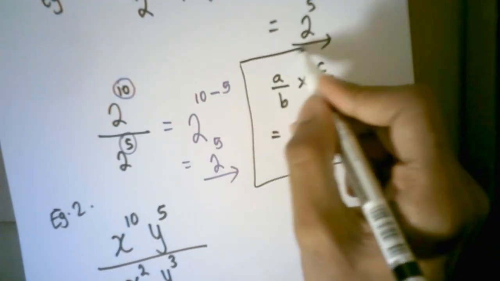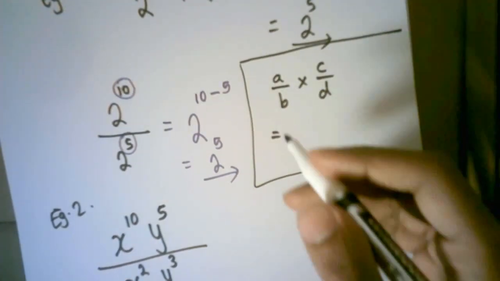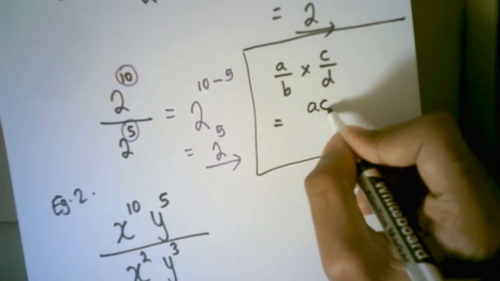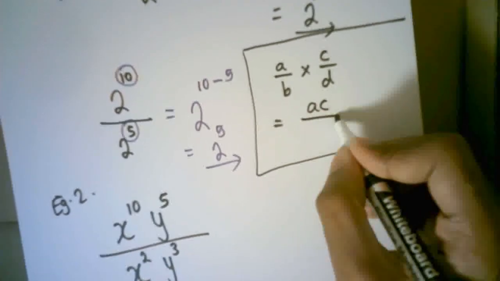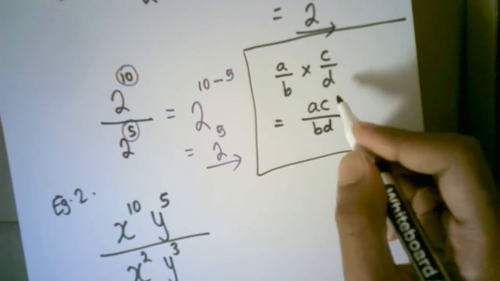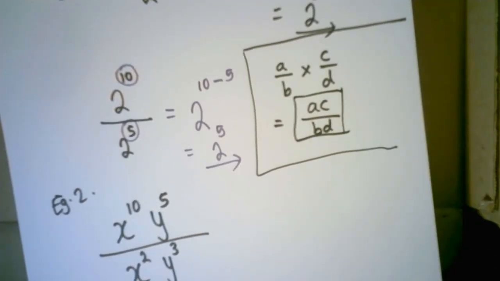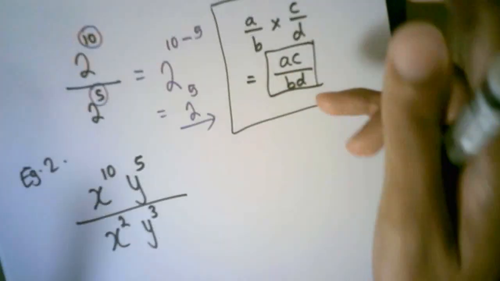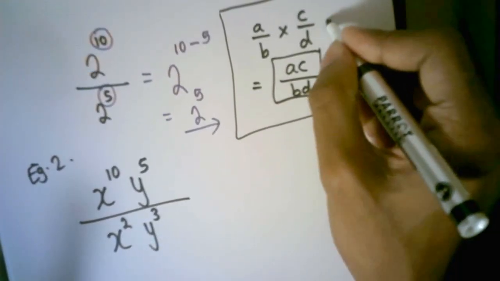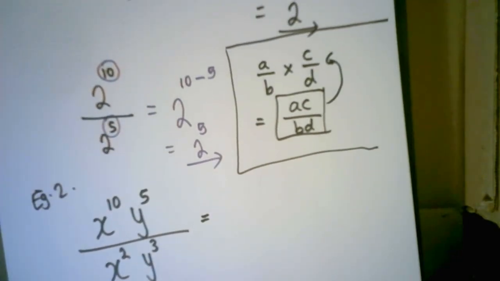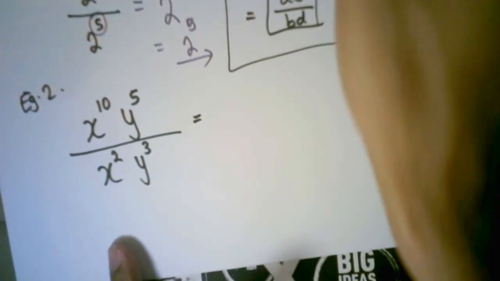Whenever it comes to fractions, do not forget to simplify the final answer. But in this case, I'm dealing with variables, so I cannot really simplify that much. It's going to be AC, which means A times C, all over BD, which is B times D, and that's your final answer. So what I can do is break it up as such, because it makes my life slightly easier.